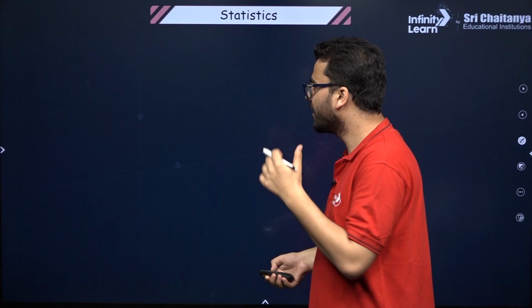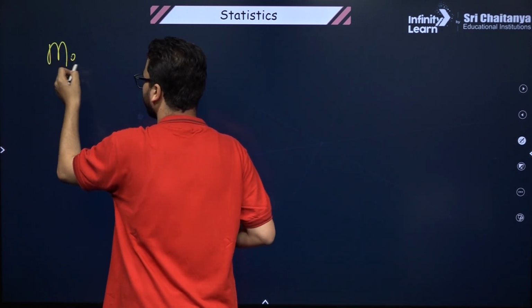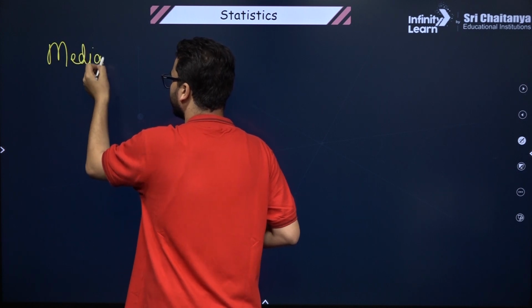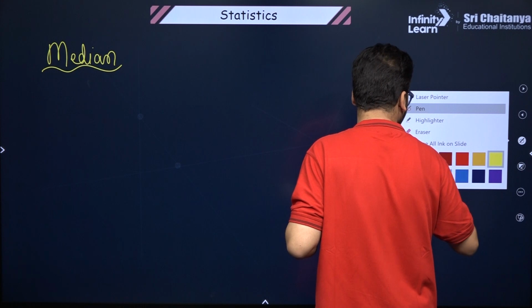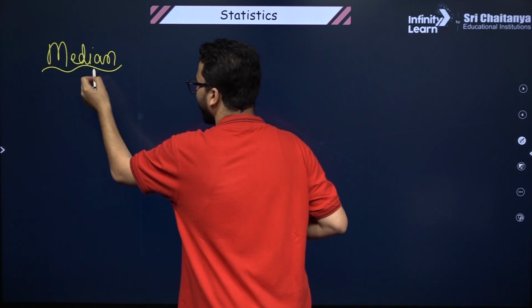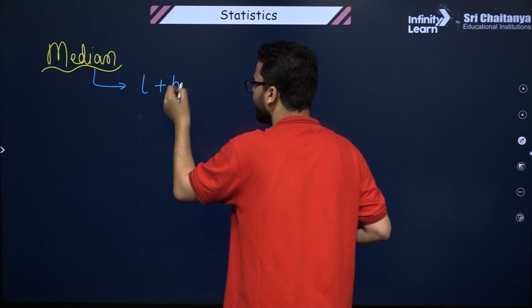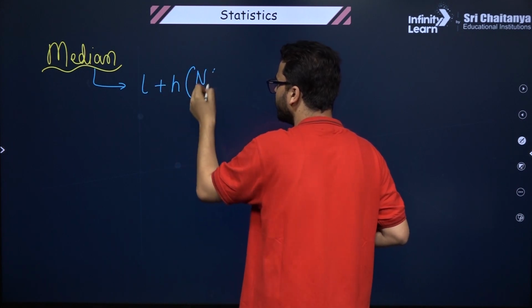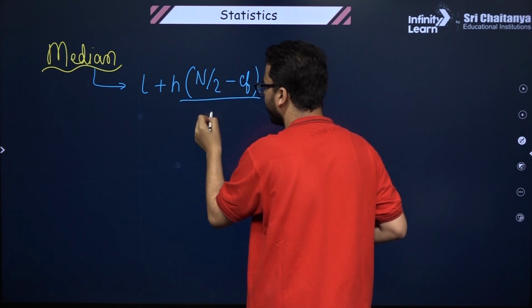Now let's see median over here. So median will be what, guys? If I write median, that will be L plus H into n by 2 minus Cf upon f, right?